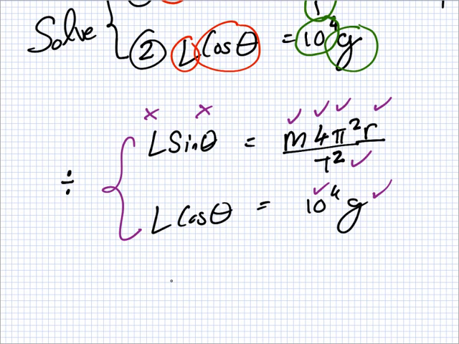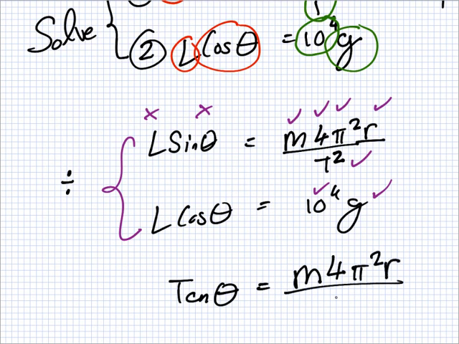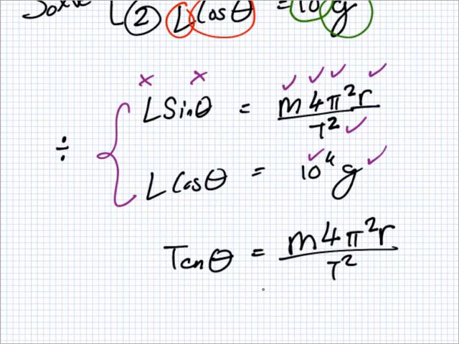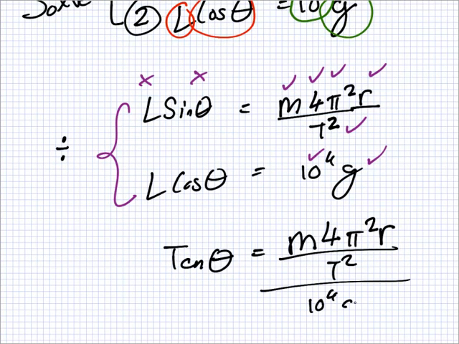It's tan, very good. Tan theta equals M, we know, 4 pi squared, we know, T squared we know, over 10-4 G, we know. We know everything on the right, so we can now get theta.